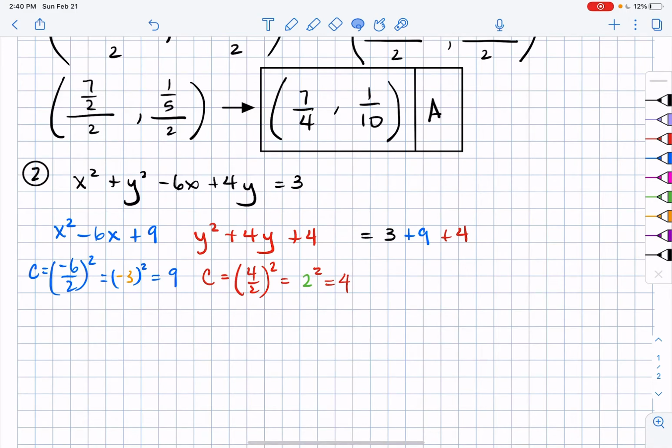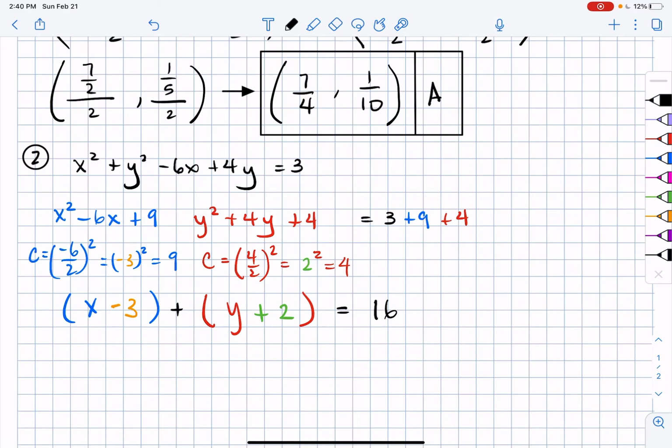The reason why we want to do the work is because when I factor the blue, this is going to be an x minus 3, and the red is going to be y plus 2. And this is going to equal 3 plus 9, which is 12, plus 4 is 16. Okay? Oh, forgot the squares.